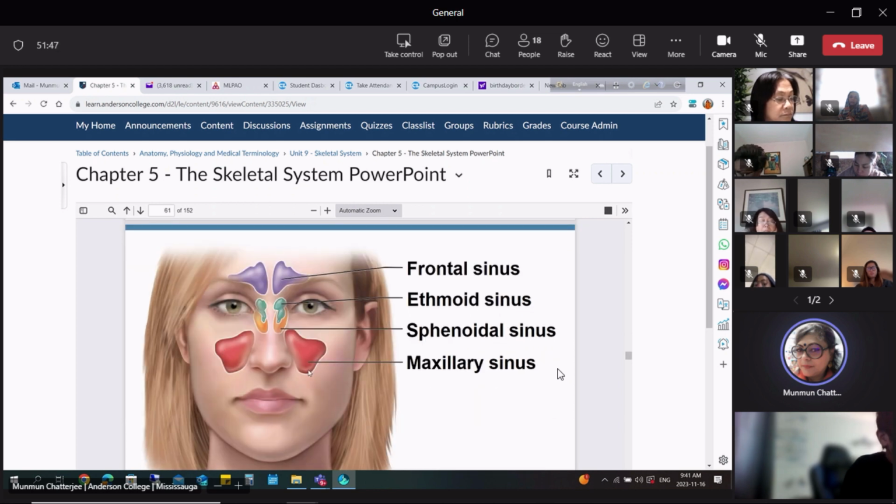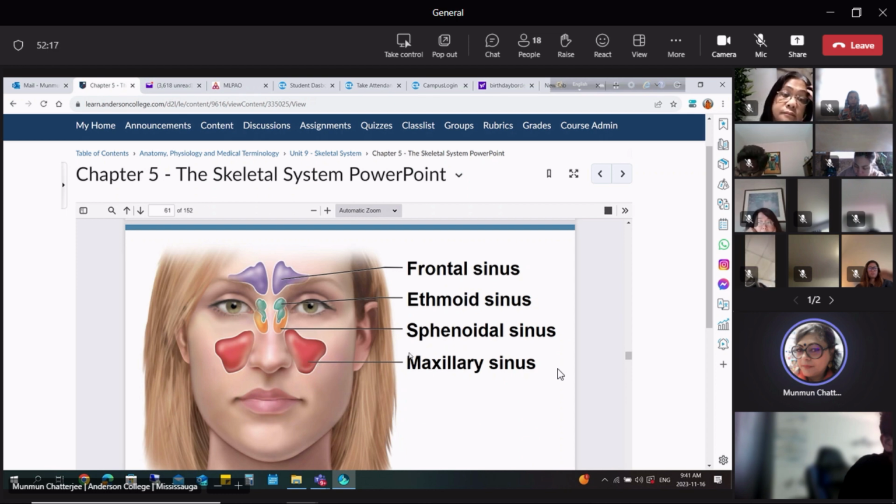You can see where you have the nose, right? You have one here, you don't need to remember all the names, but see how the sinuses are placed. Whenever you have a migraine or sinusitis, inflammation of the sinuses, you feel the pressure here because fluid fills there and gives pressure.